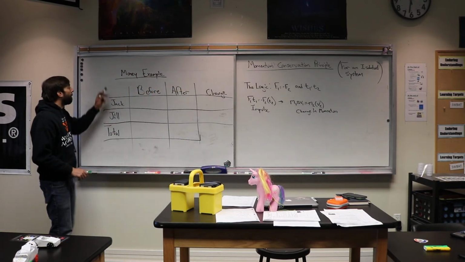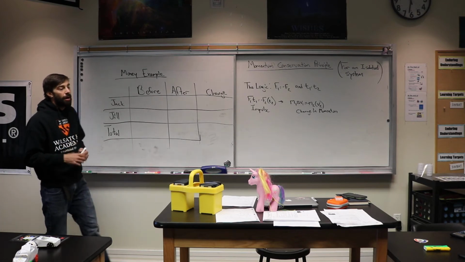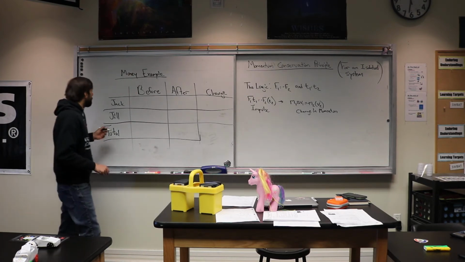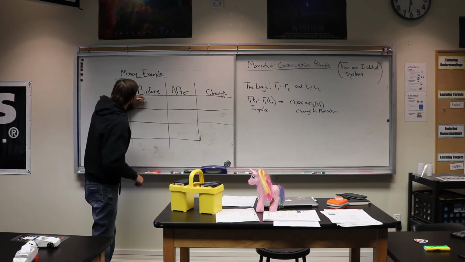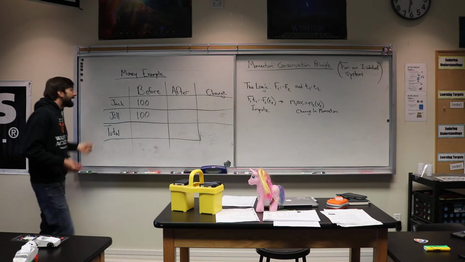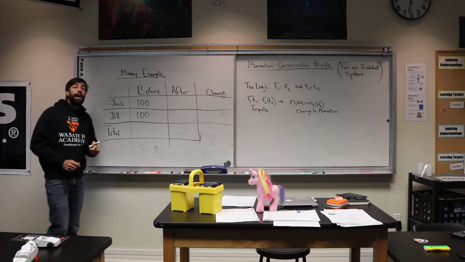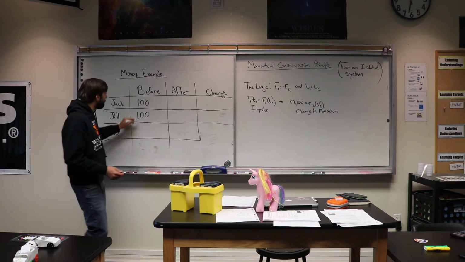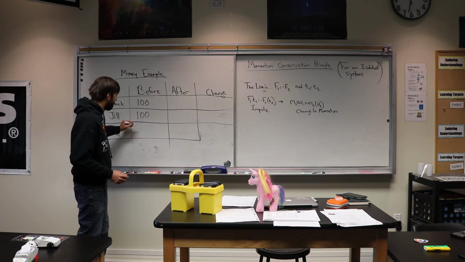We're going to talk about money. We're going to talk about two people, Jack and Jill, and they each have $100. And so the two of them combined have a total of $200, right? 100 plus 100 is 200.